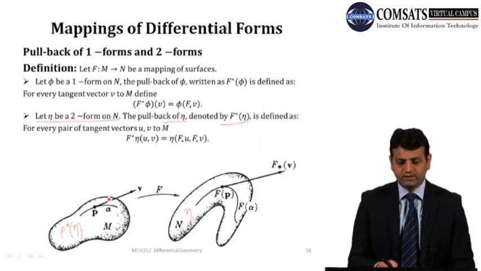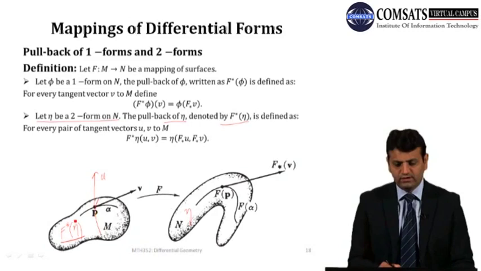Now in this case, if I have to see how this two form is defined, I will define its image on a pair of tangent vectors. So let u and v be a pair of tangent vectors to m. So for u, for example, this is the curve we have, and for v the curve is alpha. Then f upper star eta of u, v is basically defined as eta of f lower star of u, f lower star of v.